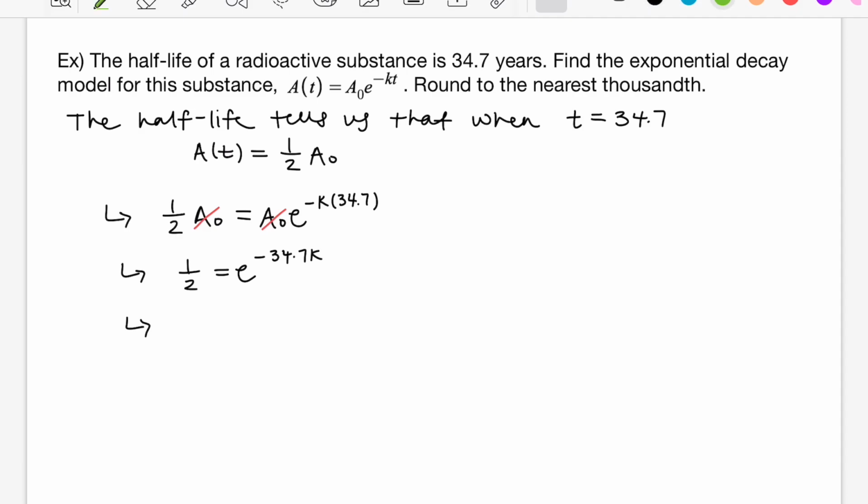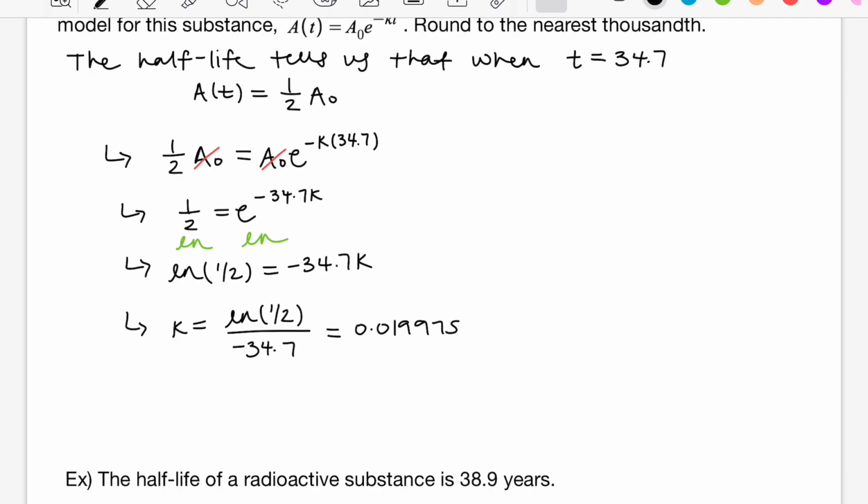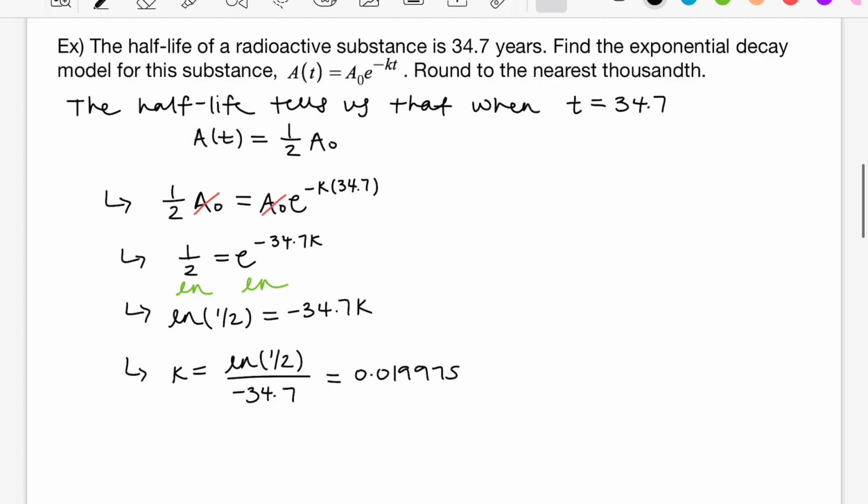What we'll do is take the natural log on both sides of our equation. So we get ln of 1/2 is equal to negative 34.7k. And then solving for k, we get roughly that there, and then we want to round to the nearest thousandth.